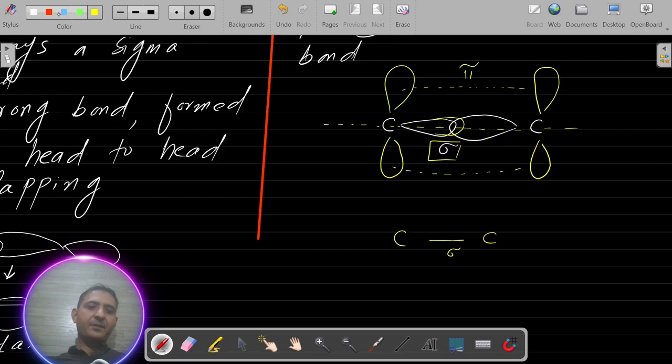So for making the idea more clear, we can draw this cloud as pi electron density above the plane, and below the plane. Electron density in pi bonding is higher above and below the plane. And that is the reason pi bond is weaker: they overlap side by side, and this is a weak overlapping. When there is weak overlapping, they react easily.